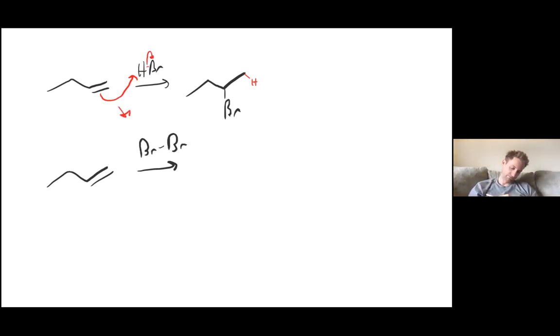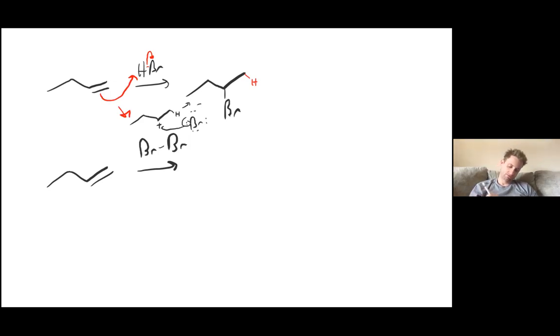We'd make a positive charge. Our Br would come in, attack at this positive charge, and we go to our product.